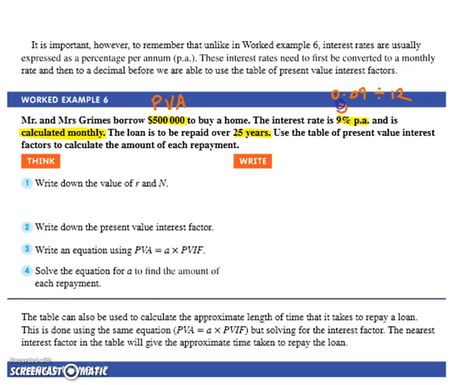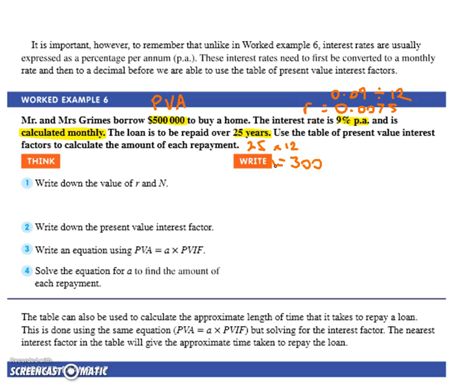So that is R. N, it's over 25 years. So 25 times 12 is 300. So that is my N.